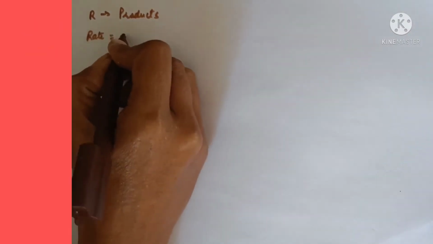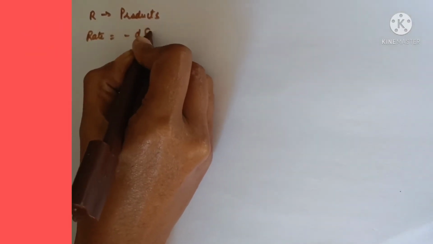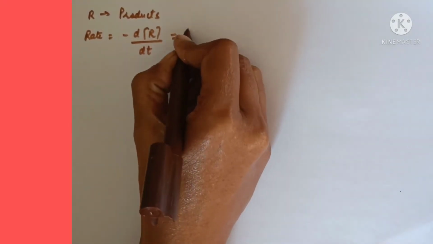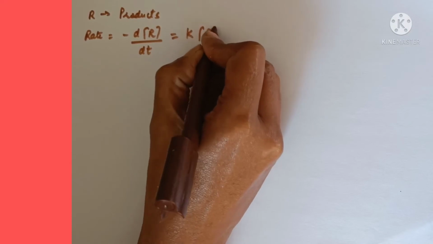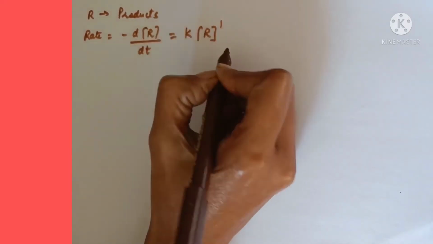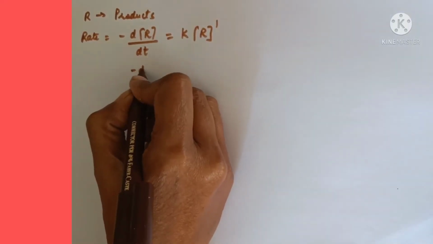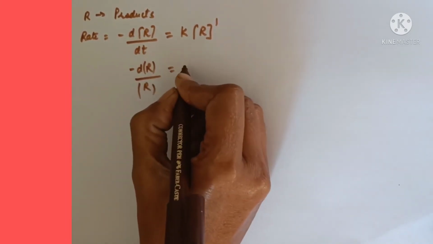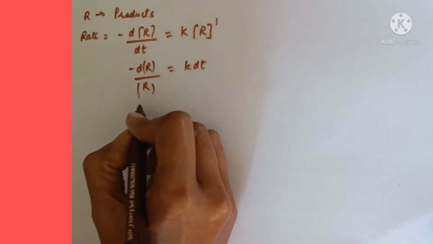For reaction R changes to products, the rate equation is rate is equal to minus d[R] upon dt. It is equal to K into concentration raised to power 1, as it is a first order reaction. This becomes minus d[R] upon [R] is equal to K dt.